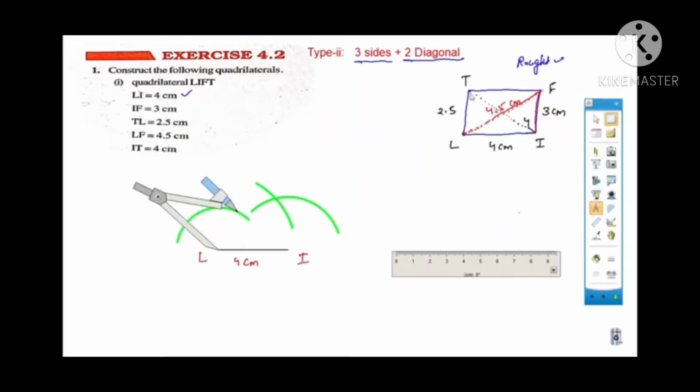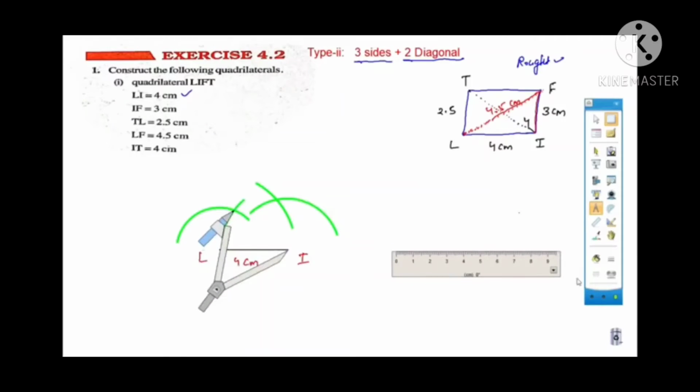Next, we know that it is connected with the diagonal TI. How much is IT? 4 centimeter. Again you have to take the measurement using ruler and compass, that is 4 centimeter, and then draw the arc with I as a center.